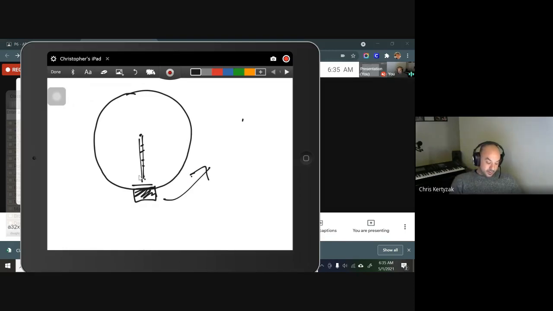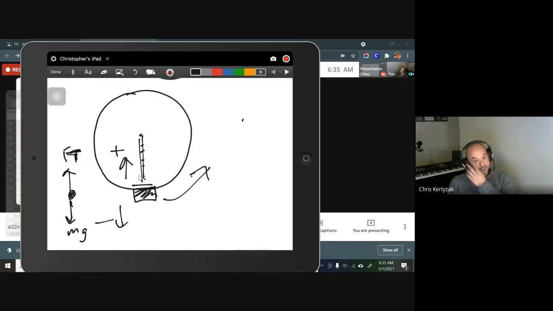Okay, inward forces plus, outward forces minus. There's two. There's a tension force up, and you might be inclined to draw the gravity force down like this, but that would be an equilibrium, a balance. The forces can't be balanced. When you're in circular motion, the forces need to be unbalanced.